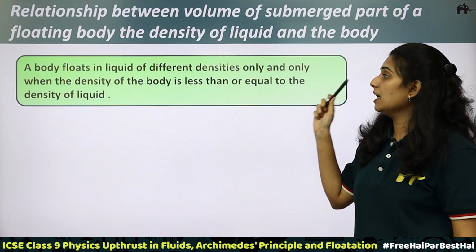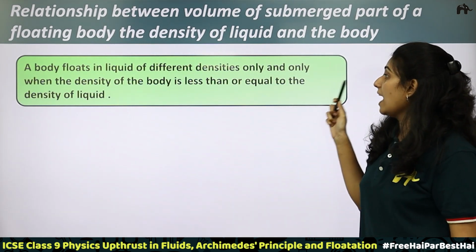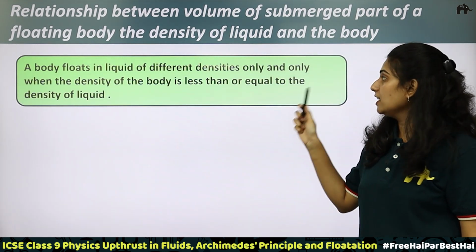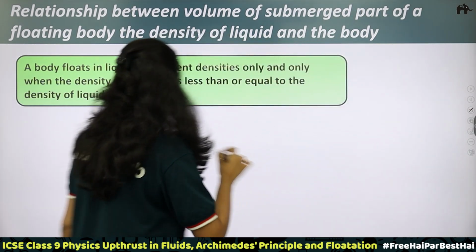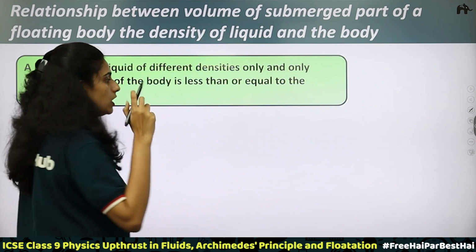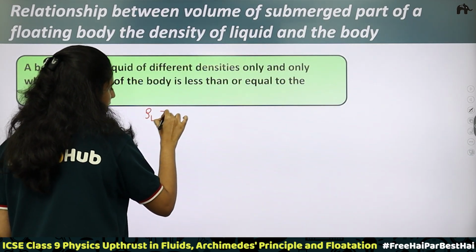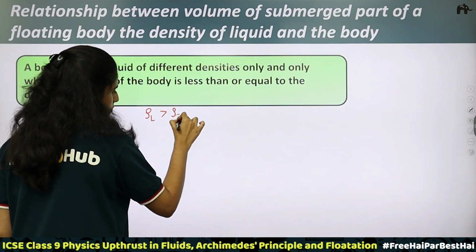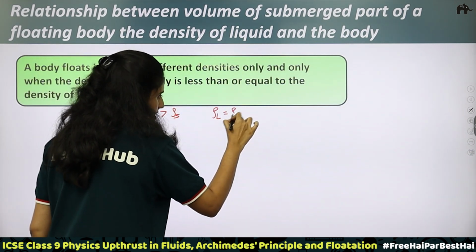Next, a body floats in liquids of different densities only when the density of the body is less than or equal to the density of the liquid. With this we have discussed. So for a body to float, two cases are possible: the density of the liquid is greater than the density of the solid, or the density of the liquid is equal to the density of the solid.